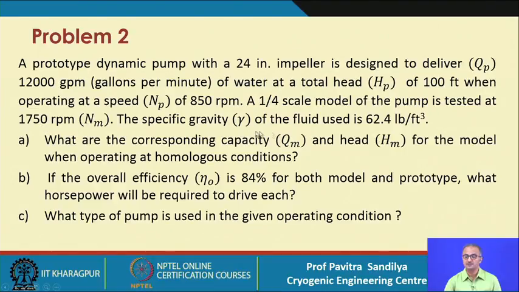The specific gravity of the fluid is taken to be this particular value, and we have to find the corresponding capacity and head for the model, which is 1/4 the size of the prototype. The overall efficiency is 84% for both the model and the prototype pumps.